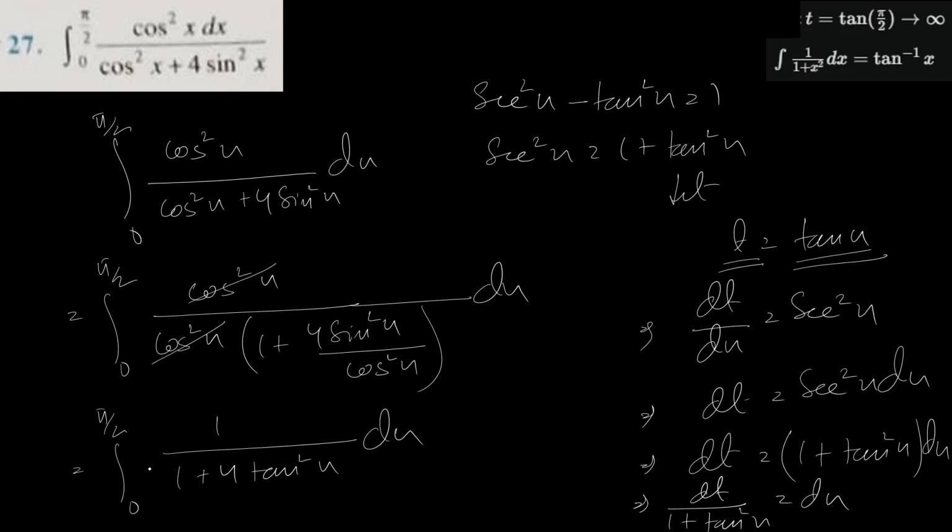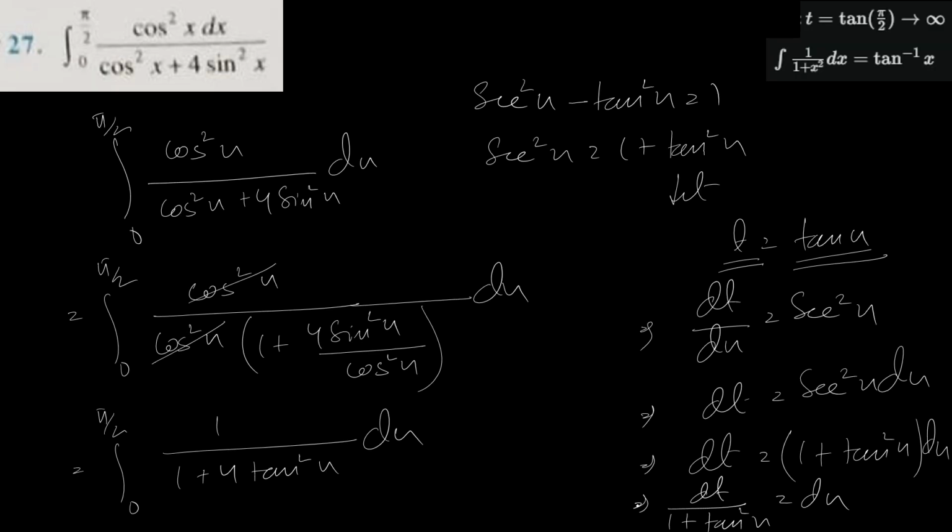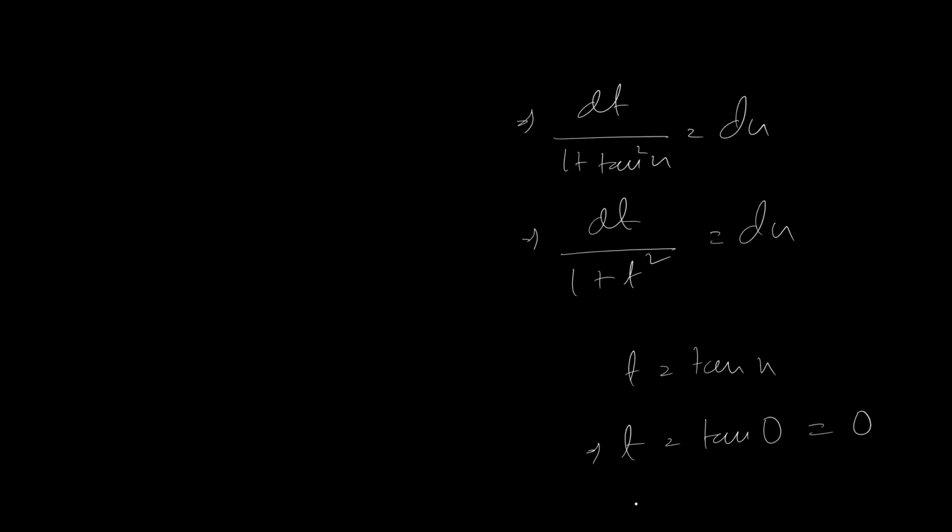So now I will also have to change the limit. Lower limit is 0, upper limit pi by 2. So t is equal to tan x. Lower limit is 0, x value if I give 0, tan 0 will ultimately be 0. And then upper it is pi by 2.